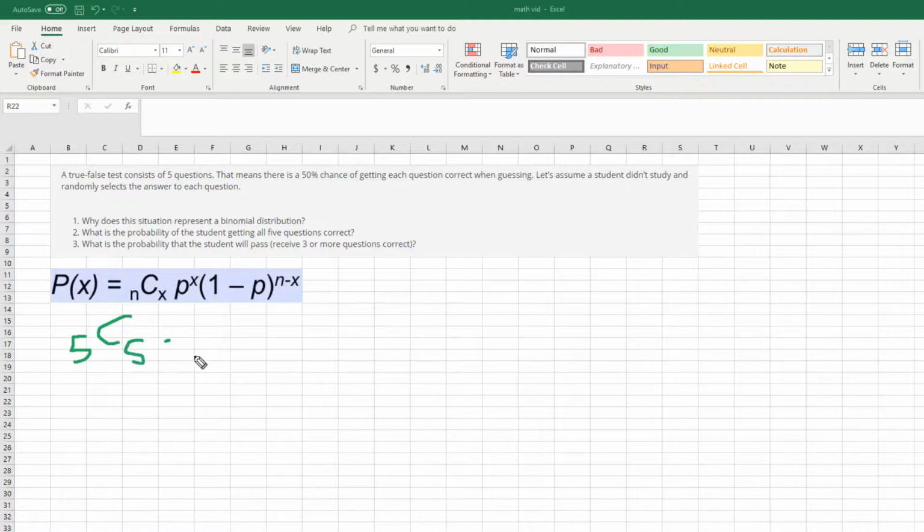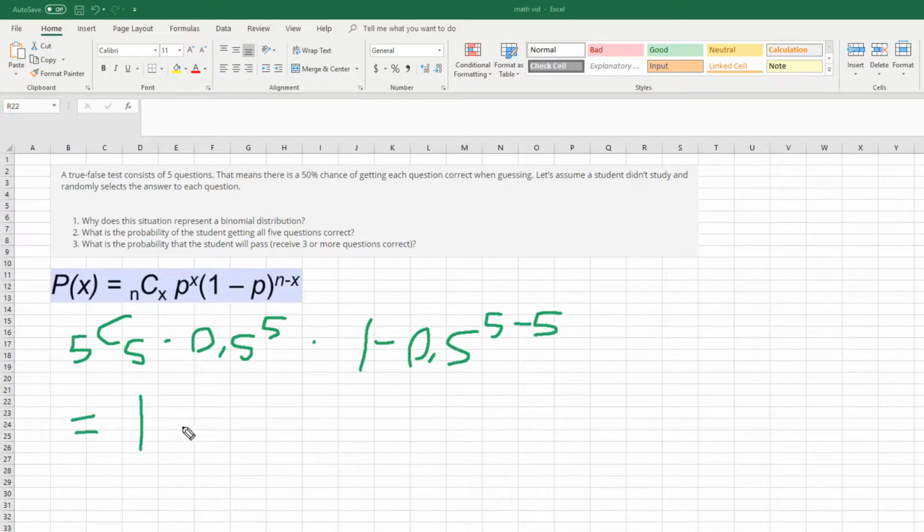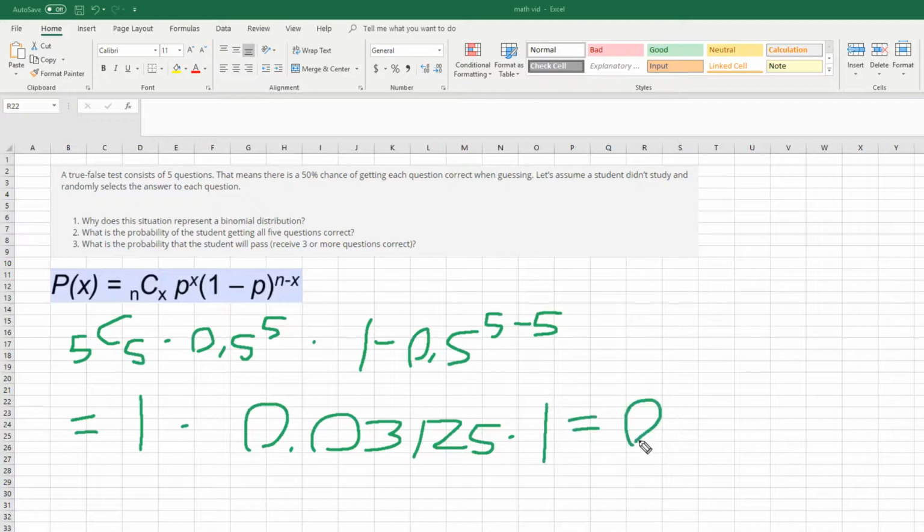So actually getting into how to solve this, it would be 5 combination 5 times 0.5 to the power of 5 times 1 minus 0.5 to the power of 5 minus 5. Now this breaks down to 1 times 0.03125 times 1, which ends up equaling 0.03125, or roughly just a little bit over 3%.